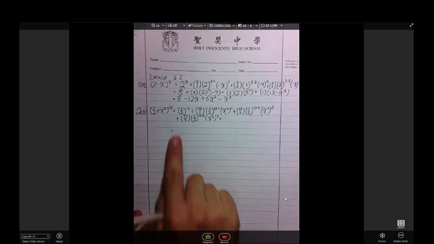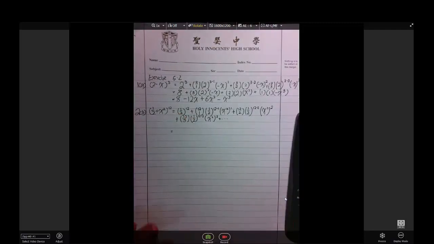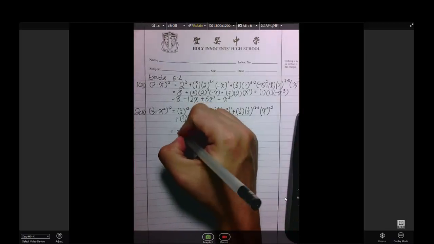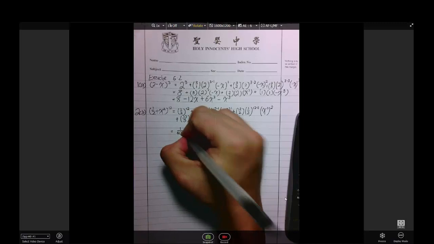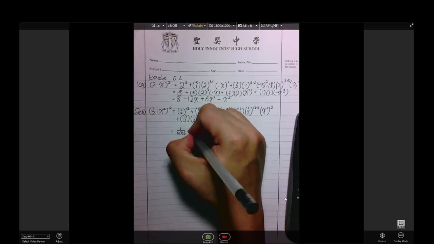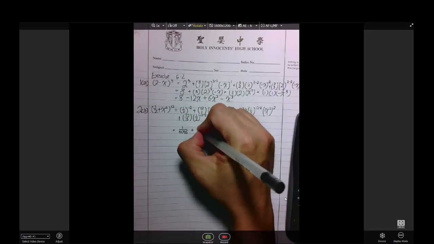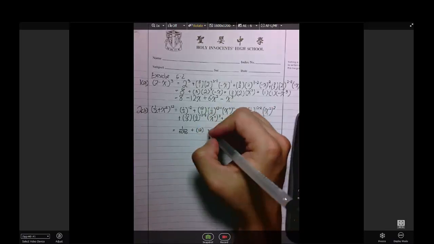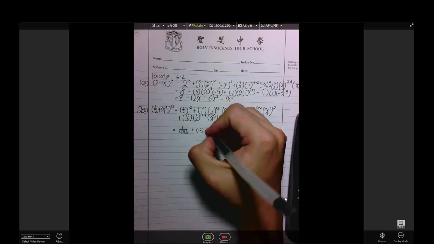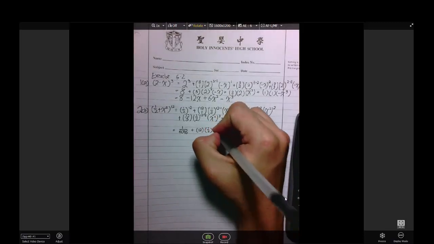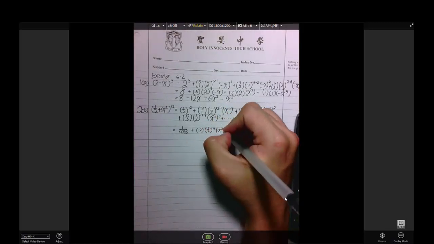Okay, then we simplify. Half to the power of 12, if you just key into your calculator, you get 1 over 4096. Okay, plus 12 choose 1 is 12, half to the power of 11 times x squared.